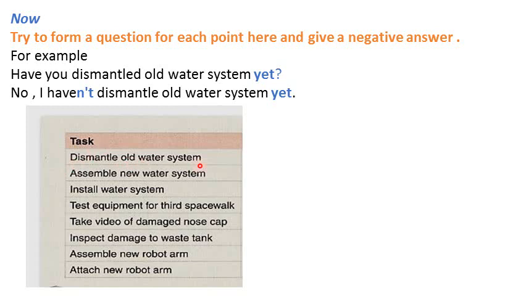How can I give a question here using the present perfect? I'll say, have you dismantled the old water system yet? And we'll answer with no. No, I haven't dismantled the old water system yet. So for each point, give a question using yet, and give also a negative answer using yet.